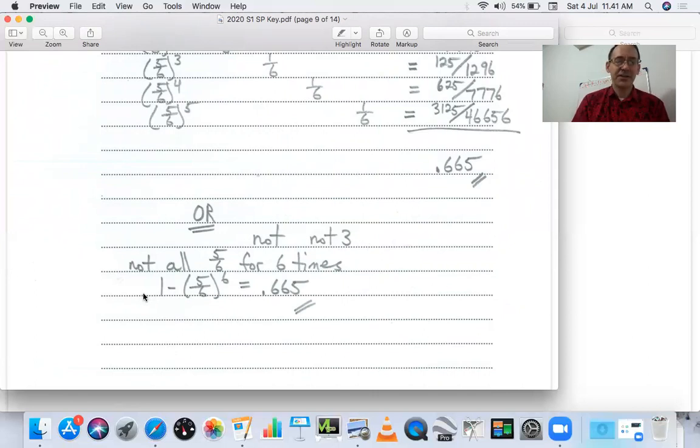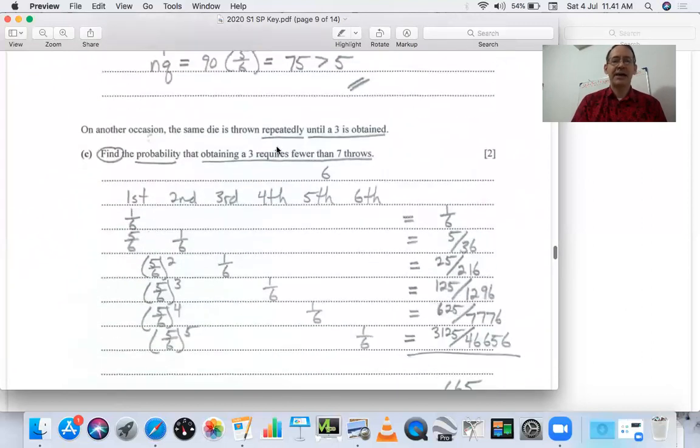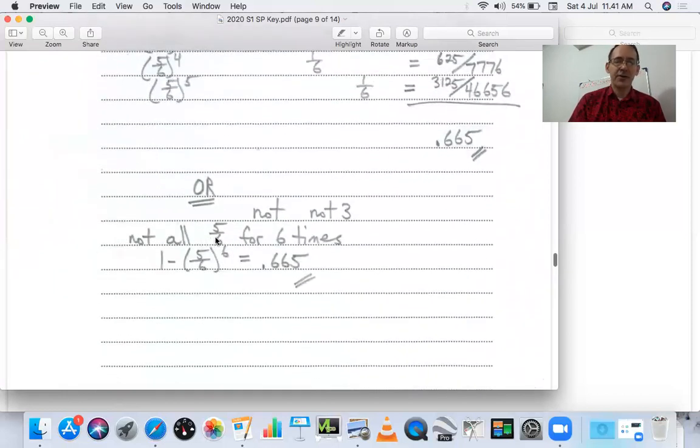So the not is your 1 minus, and your not getting a 3 is your failure. So in other words, you can't fail all 6 times. If you have to have a 3 somewhere before the 7th throw, you cannot fail all 6 times, okay?